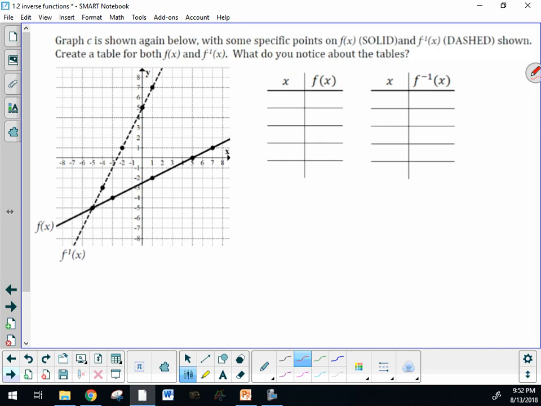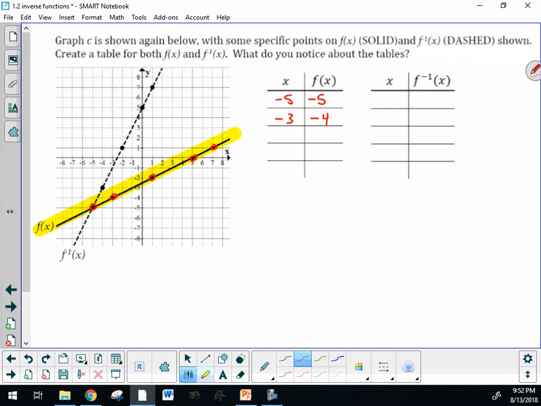So we wanted to write a couple of points down, and we're going to first work with this original line right here. This original function is f of x, and if we list out those 5 points on our table, we have the point -5, -5, and that next point is -3, -4.